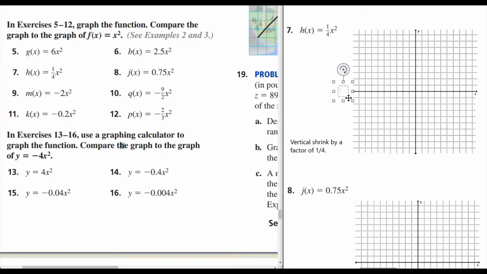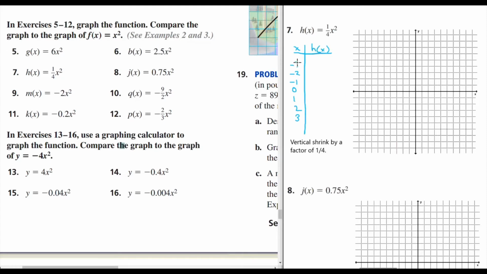To find my points, again, I'm going to make an input-output table. So x, h of x, and I'm going to input 0, 1, -1, 2, -2, 3, -3.